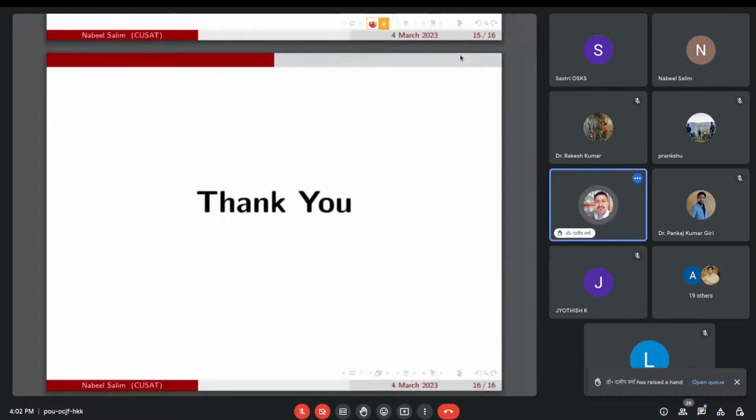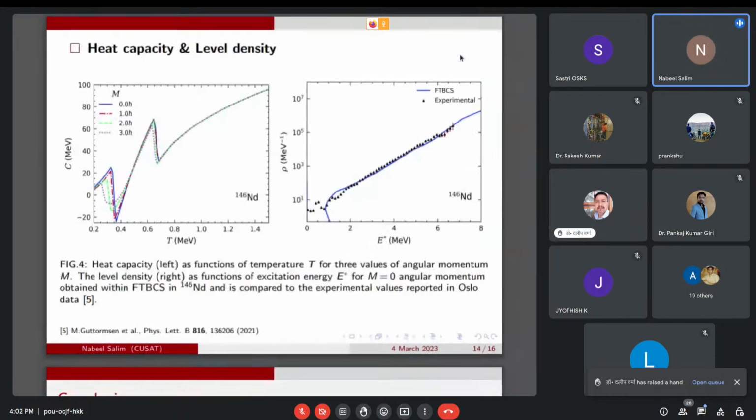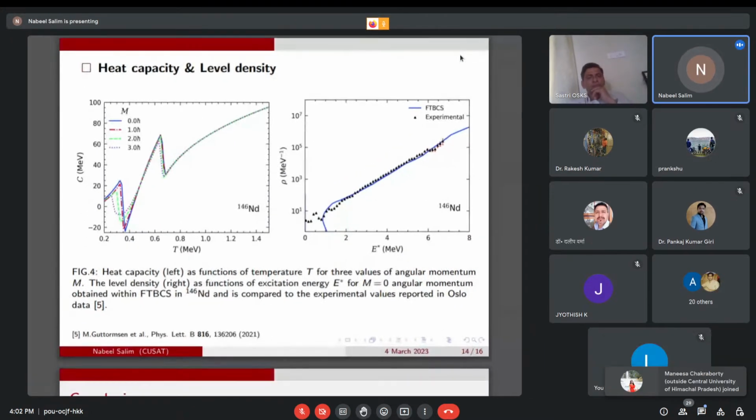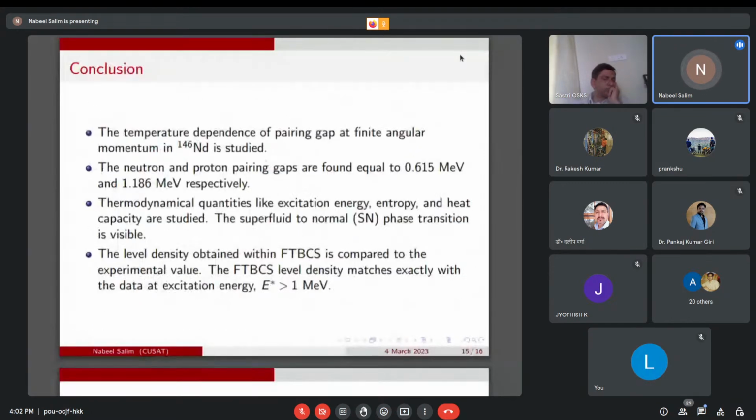How have you calculated this critical temperature? In finite temperature BCS, we solve by giving each temperature as input and finding the pairing gap. As we increase the temperature, the pairing gap reduces and it vanishes.